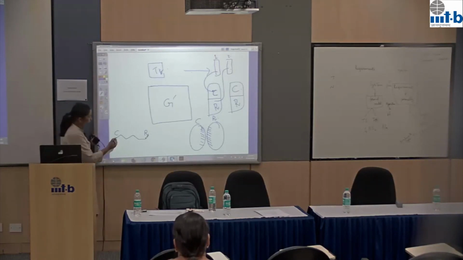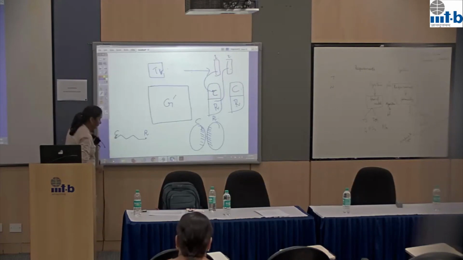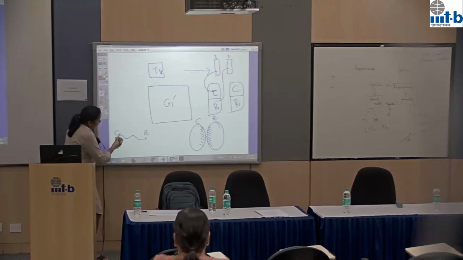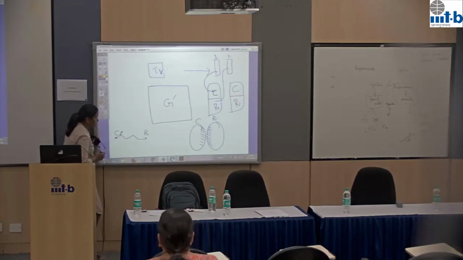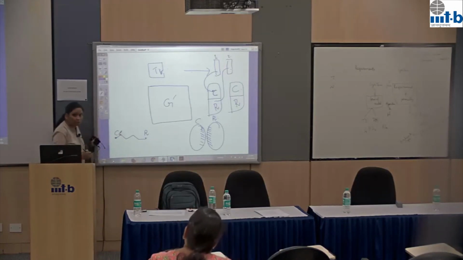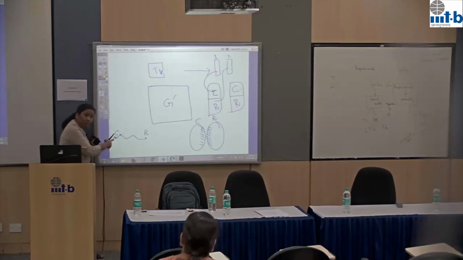So what do we know about this vertex? We know that its color needs to be changed. Okay. So for this vertex, this color will change. See, we started with a proper coloring. So if you change the color of this, what can you say about the color of this?